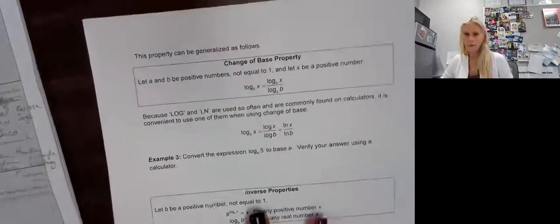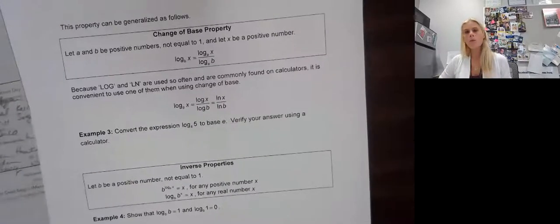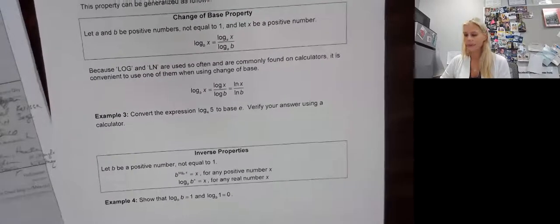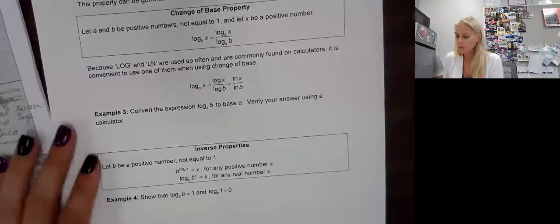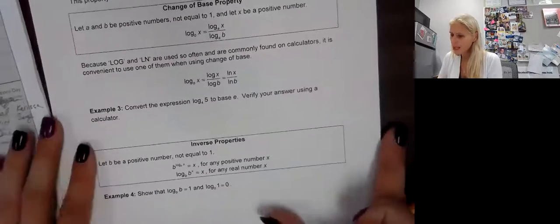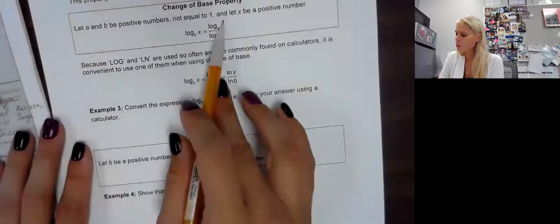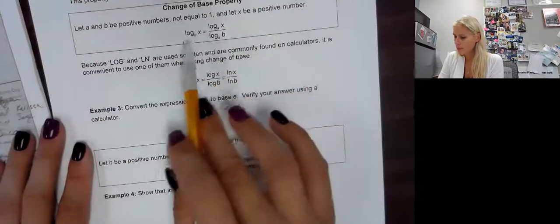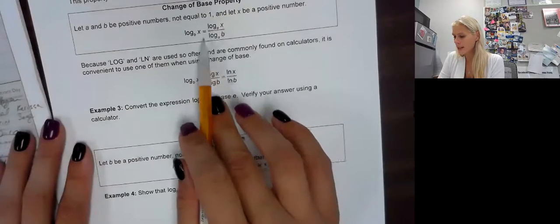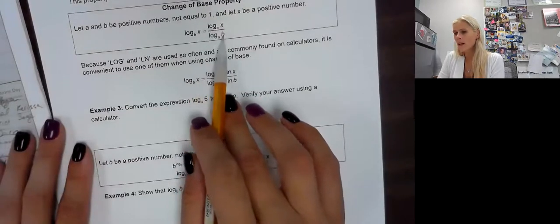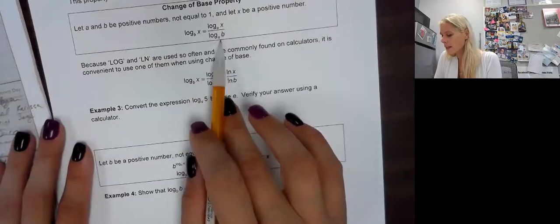Okay, change of base property. So what I just proved to you pretty much is saying I can take any base and change it into a base 10 so I can use my calculator and get an approximation, okay? So let a and b be positive numbers not equal to 1, and let x be a positive number. So log base b of x equals log base a of x all over log base a of b.